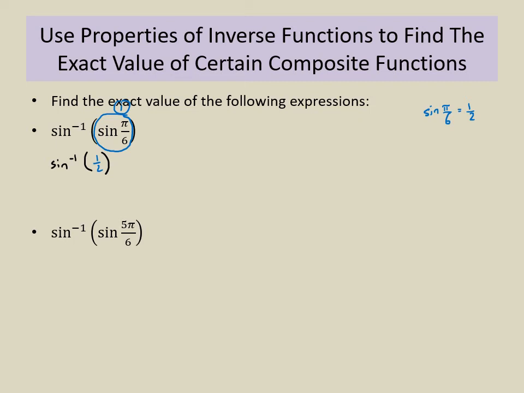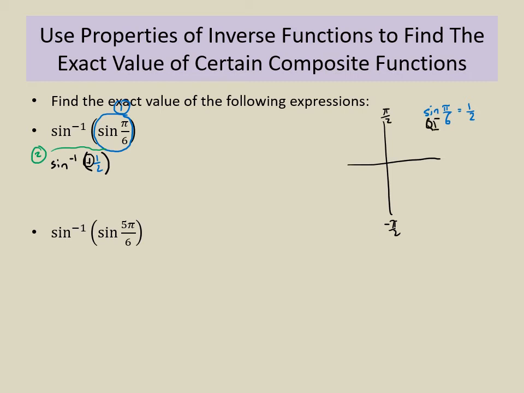Okay, and then step number 2, evaluate the outside function, which is this. What is the inverse sine of 1/2? Again, remember that the inverse sine is an angle between negative pi over 2 and positive pi over 2. This is a positive value, so we're looking in quadrant 1.